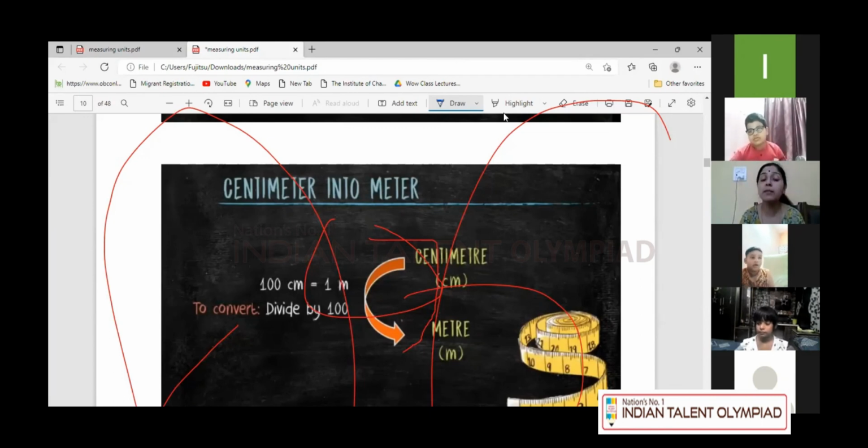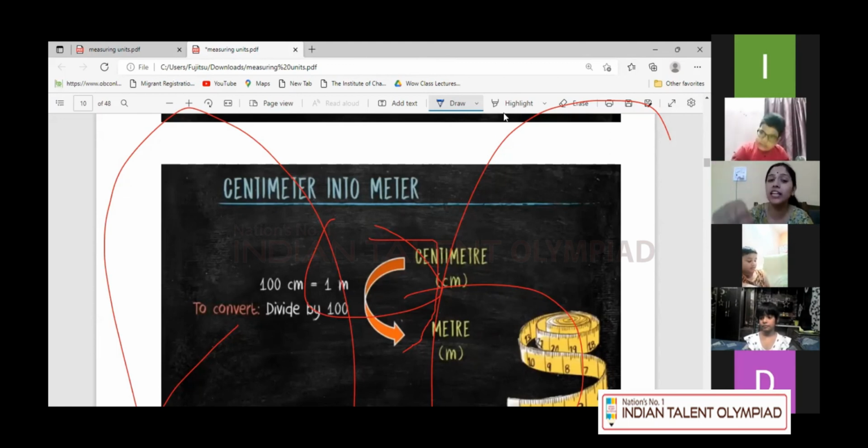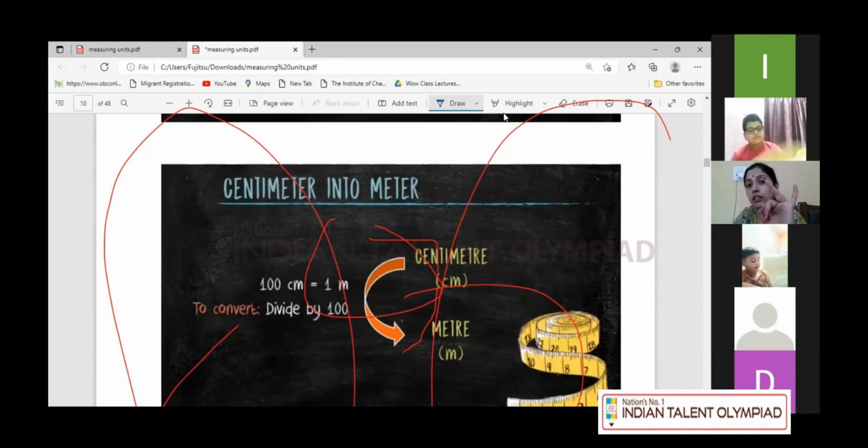If your mama said, beta, just go and bring 1200 centimeter, you will forget it. आप अगर मार्केट जाते हो और आपकी मम्मा बोलती है बच्चा आप 12 मीटर क्लोथ्स लेके आना, ये इजी रहेगा आपको मेमोराइज करने में, या फिर 1200 सेंटीमीटर क्लोथ? Which one is easy to remember? 12 meter.